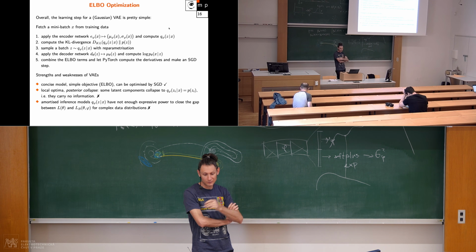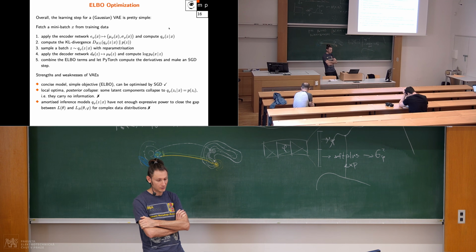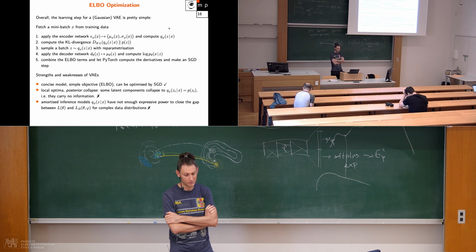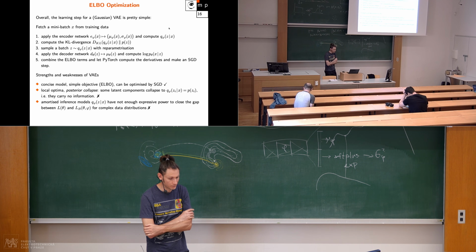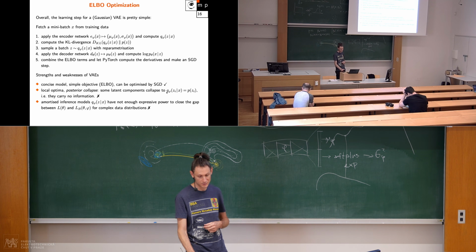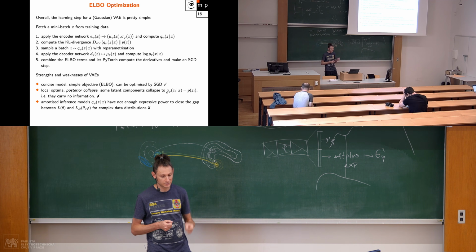And some of these local optima tend to correspond to what is called the posterior collapse problem with these variational encoders. The encoder is a Gaussian distribution over all of our latent dimensions.